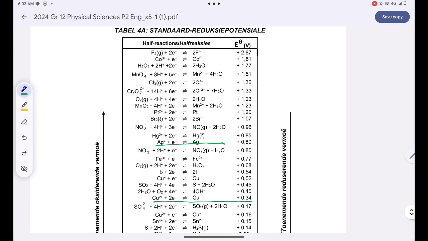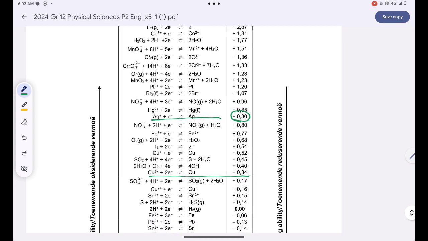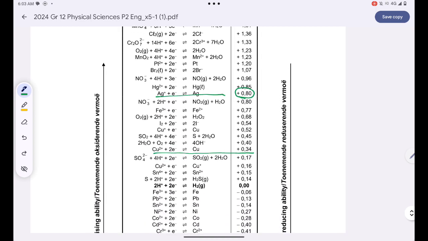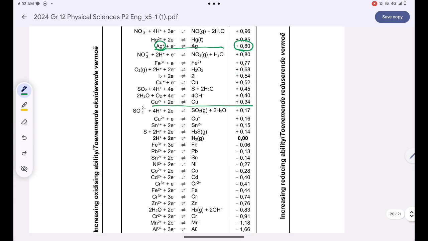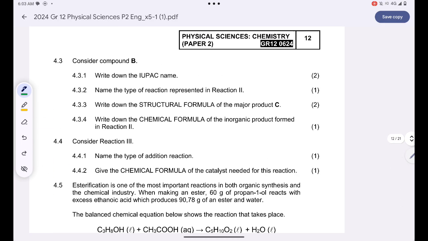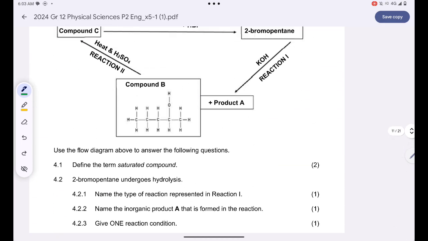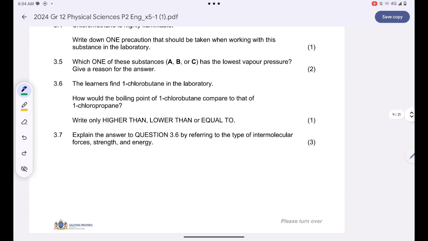The one which has a more positive EMF is an oxidizing agent. Are you together? The one with a more positive EMF is regarded as an oxidizing agent. So Ag plus is our oxidizing agent.